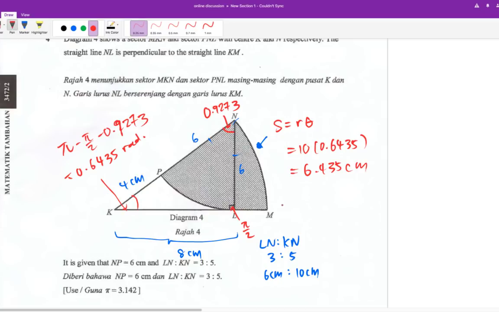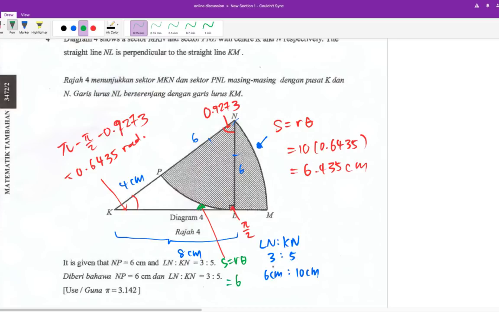Alright, then the next thing I need to find is this arc length over here, which is P to L. In order to get PL, I have the angle, right? Let me change color. It's basically the same thing, S equals R theta. My R in this sector is 6.